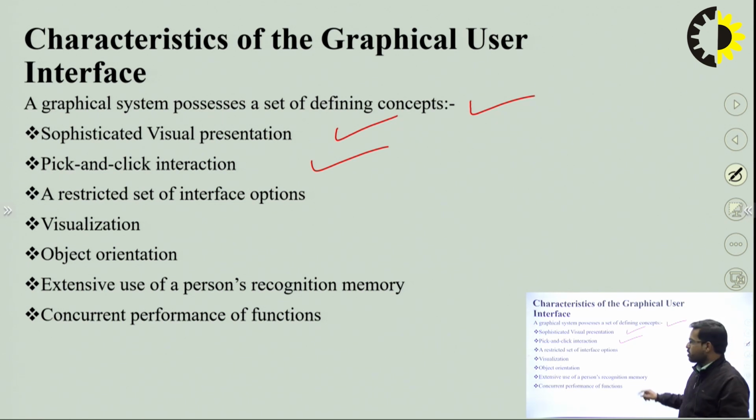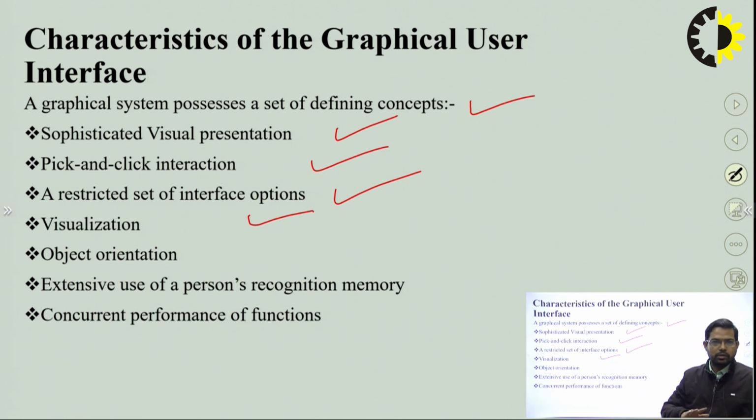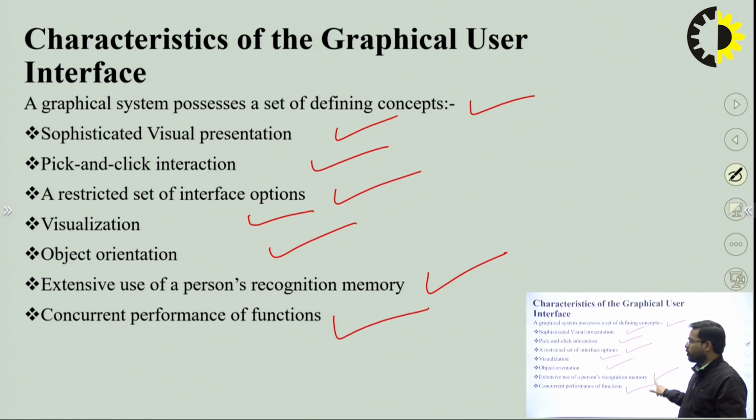A restricted set of interface options, a limited set of options. Visualization, which means we have to visualize particular actions, moving forward from one location to another. Object orientation, extensive use of recognition memory, and concurrent performance of functions. So these are some characteristics of any GUI form.